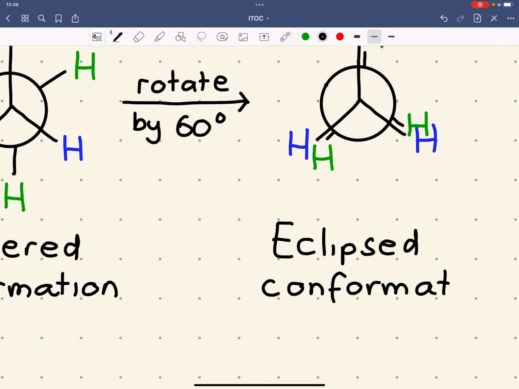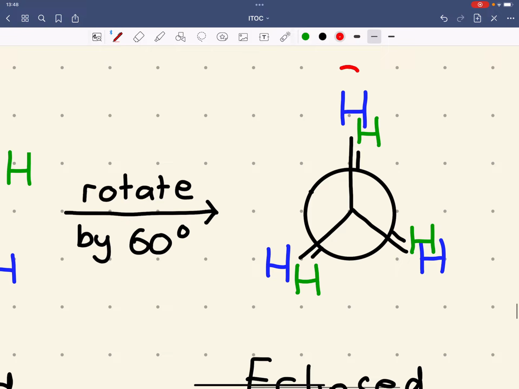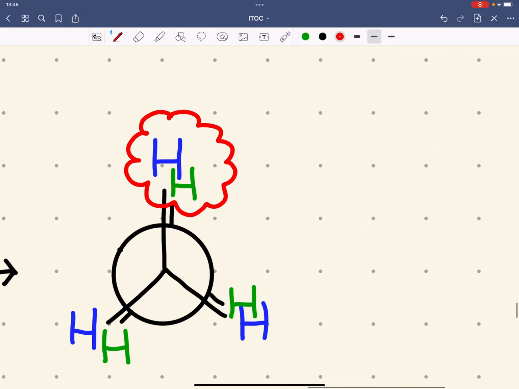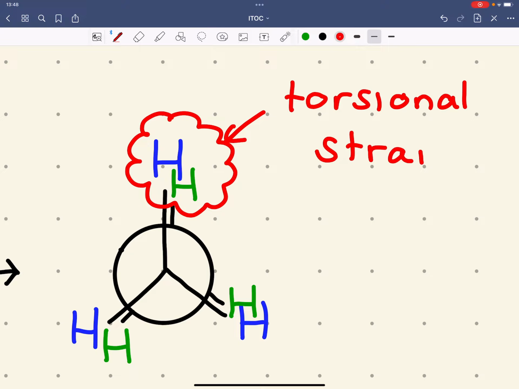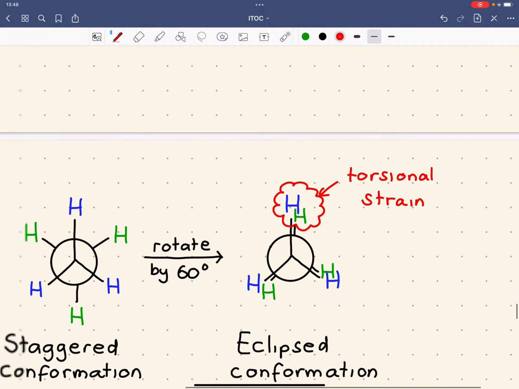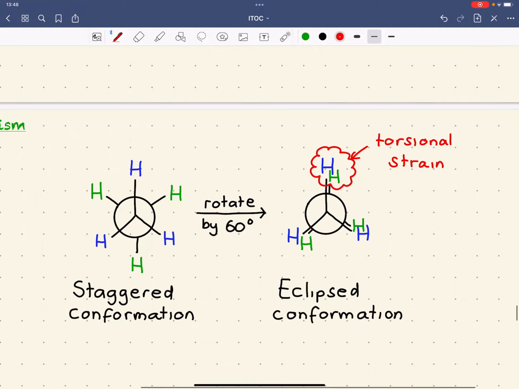And the eclipsed conformation introduces something called torsional strain. So the fact that these two groups are near each other gives you torsional strain. And because of this torsional strain, the eclipsed conformation is the least stable form. Staggered conformation, the most stable form.